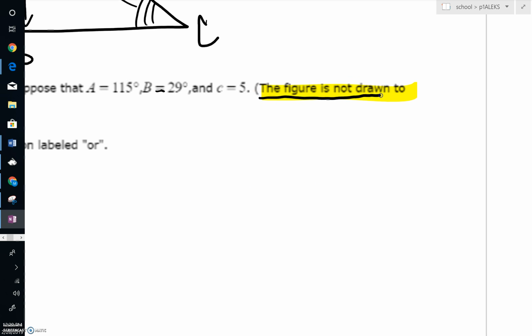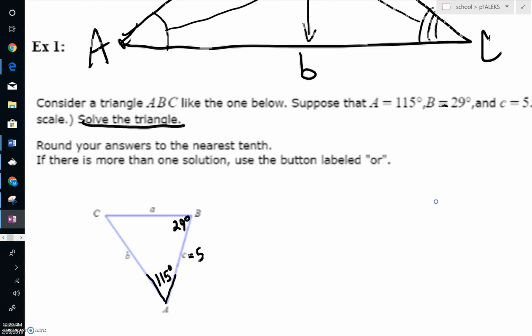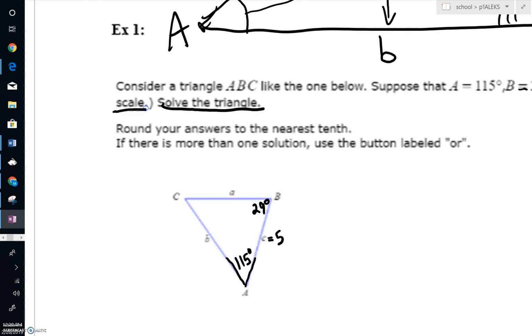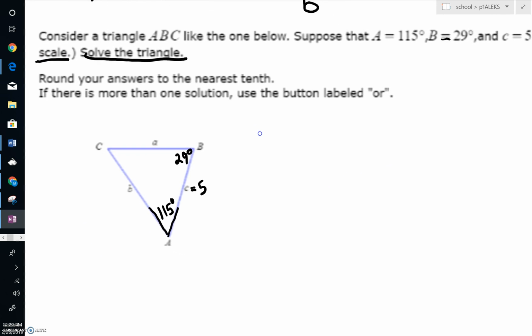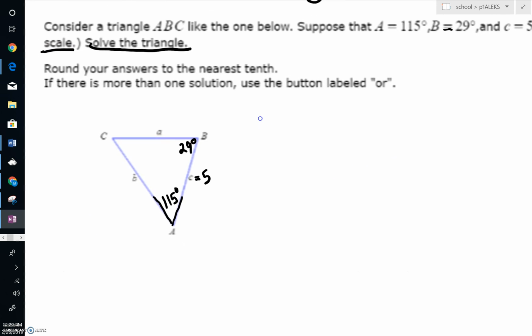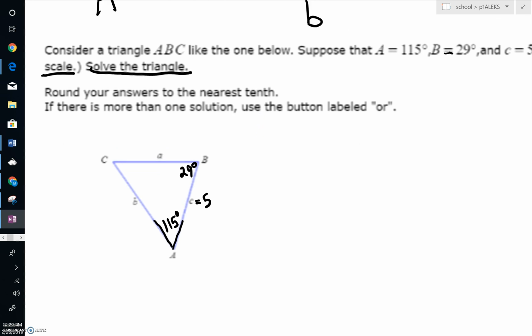But notice, and you're going to read this on ACTs and SATs, the figure is not drawn to scale. So trust me, this is a 115 degree angle. Your goal is to find the missing parts. When they say solve the triangle, they're saying find the missing angle and then find the two missing sides.